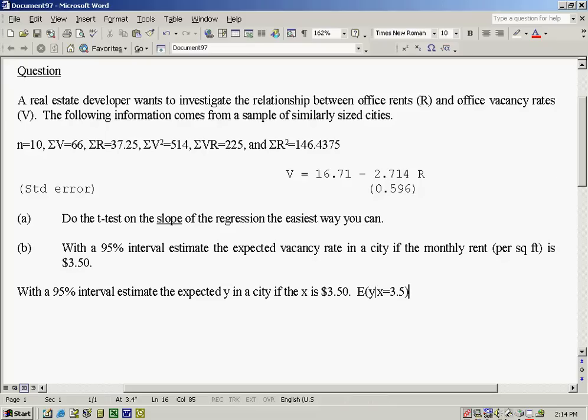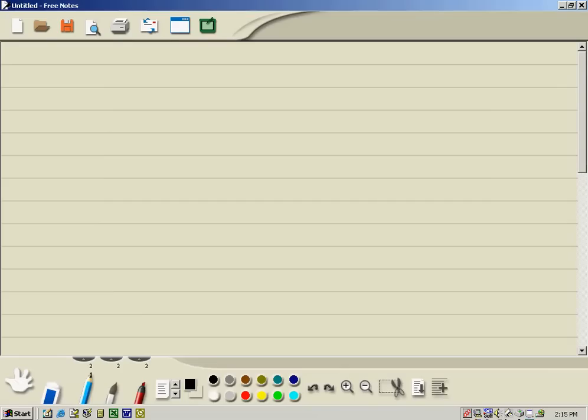Alright, so let's go to our worksheet and start that off. We want a 95% confidence interval for the expected value of Y given X of 3.5. Let's first do the point estimate.